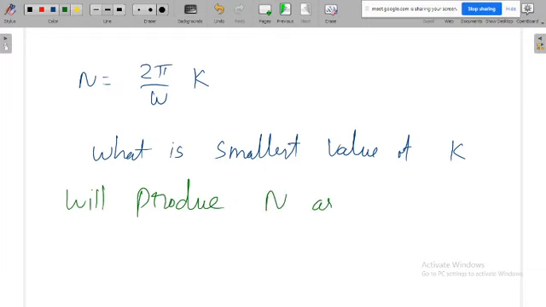What is the smallest integer value of k that will produce n as an integer? That integer n we will call the time period.